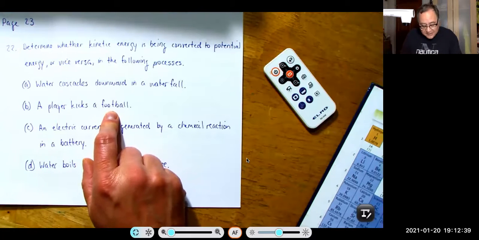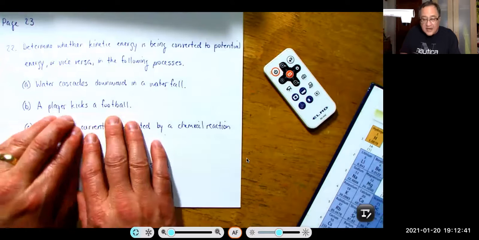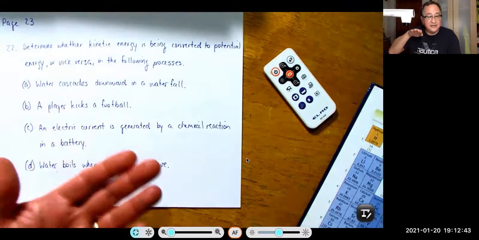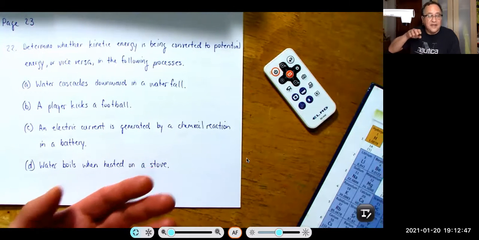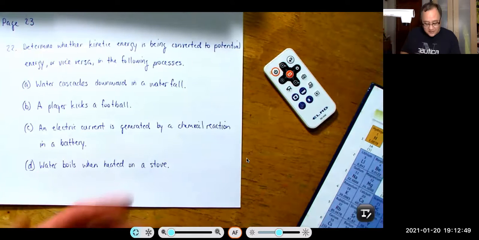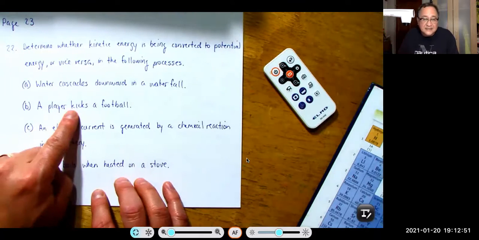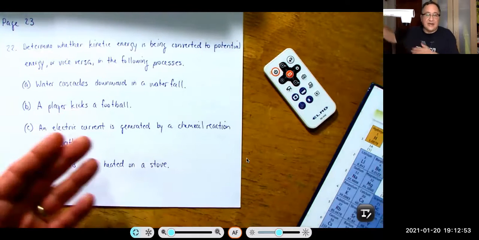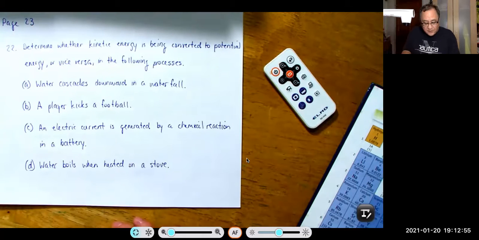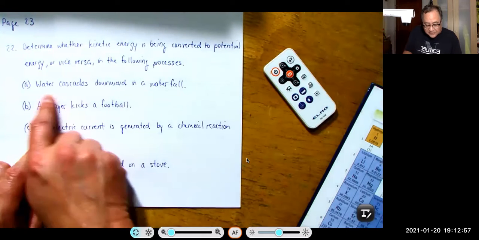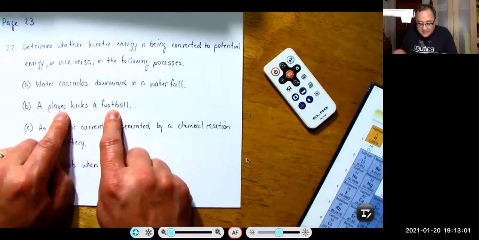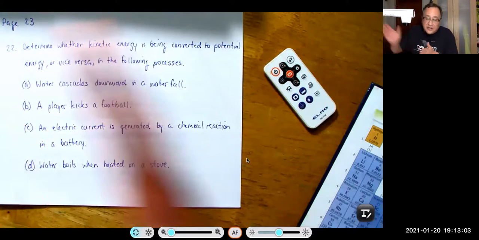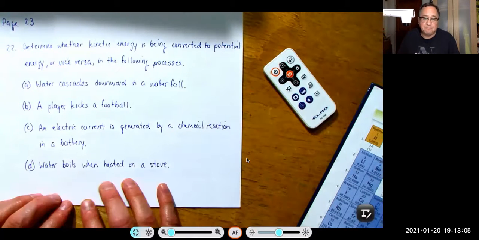But I think what they mean here is that the player's kicking and the football is stationary. So the football really just has potential energy. But once it's kicked, it's turned into kinetic energy. So here we could say this is the kinetic energy that we start with. This is the potential. Once they meet together, you're turning that football into kinetic.